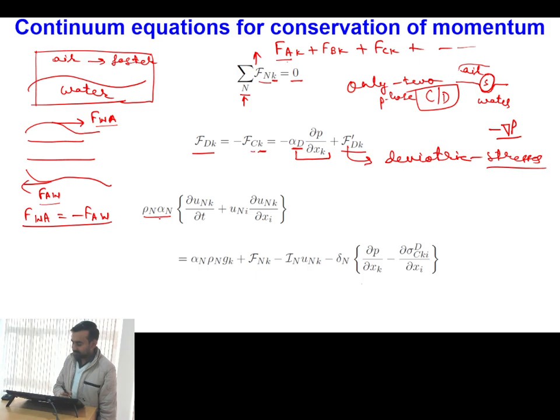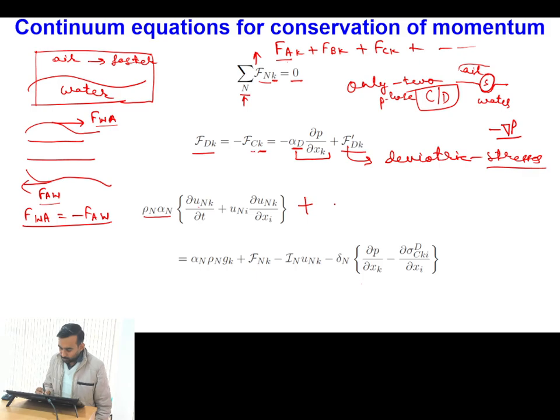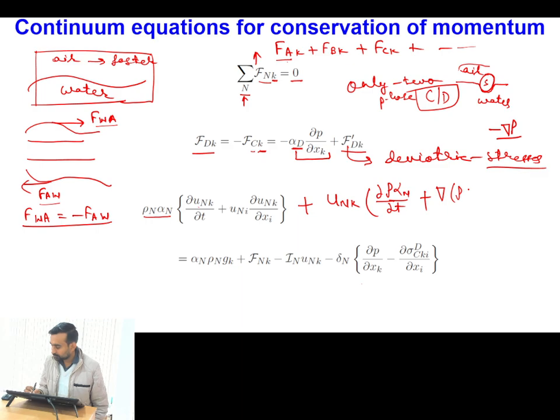rho n alpha n as common into del u nk by del t plus u ni into del u nk by del xi, plus I will be getting one more term: plus u nk as common into del rho alpha n by del t plus divergence of rho alpha n into u n.